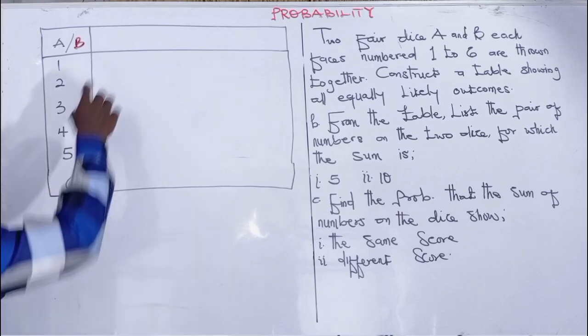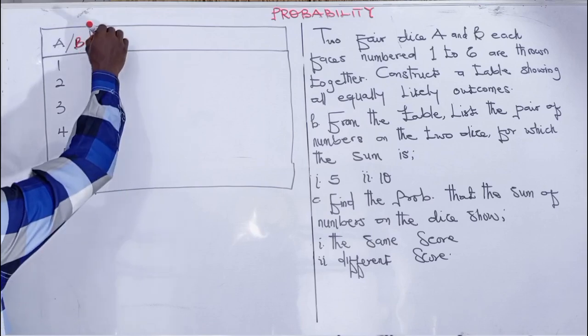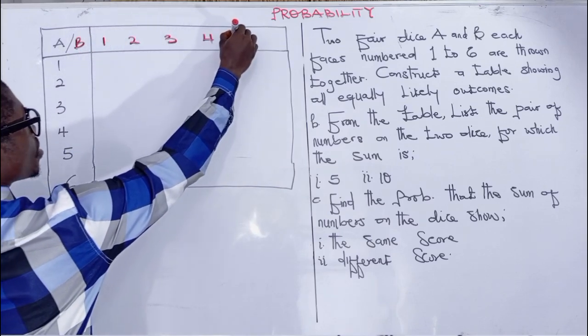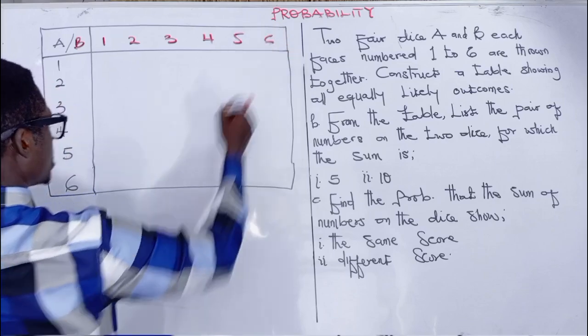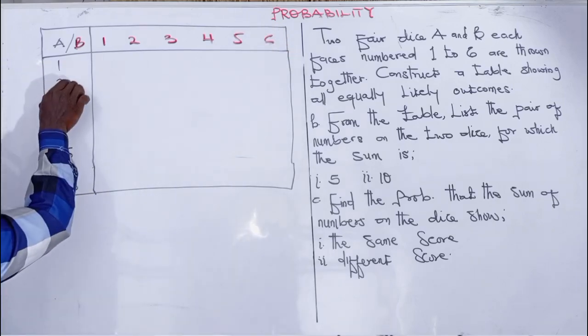And then when we toss die B, we are also going to have the number 1, 2, 3, 4, 5, and then 6.